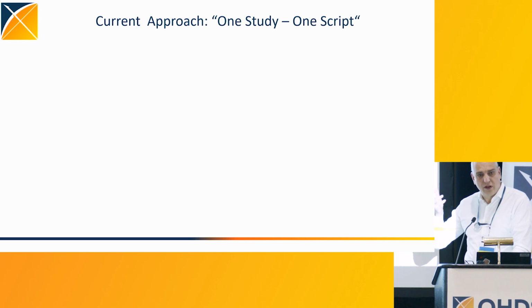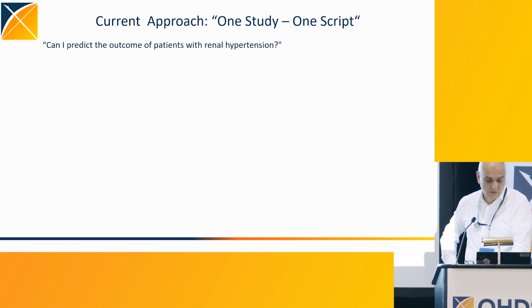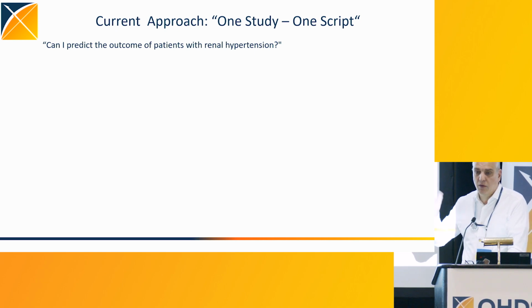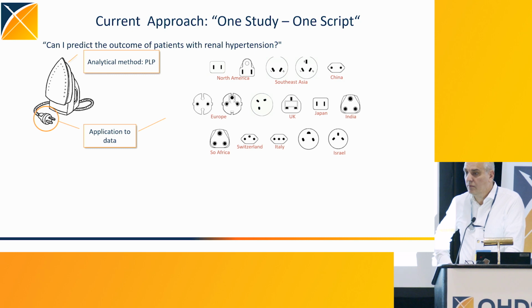So the traditional approach of how you do research in this realm, observational research, is the following. You have a question, can I predict the outcome of patients with renal hypertension? Any question. And this is like an appliance that gets plugged into the data.